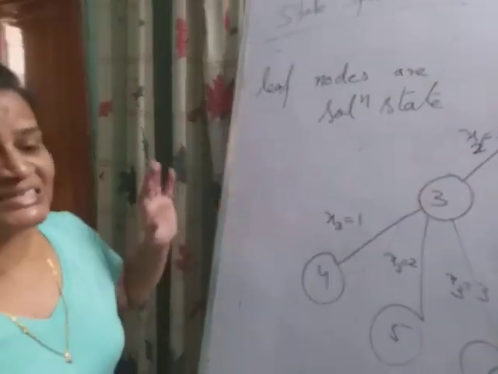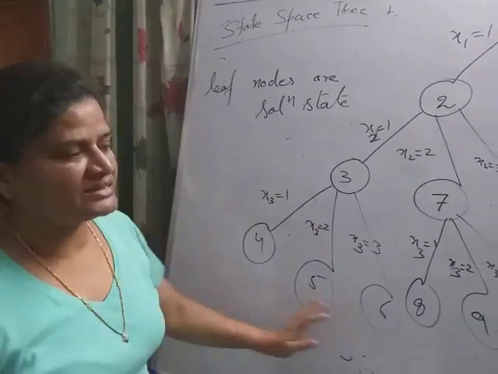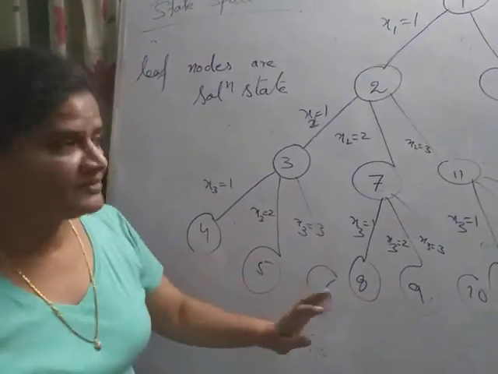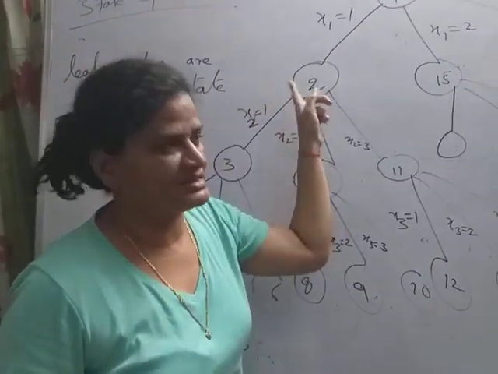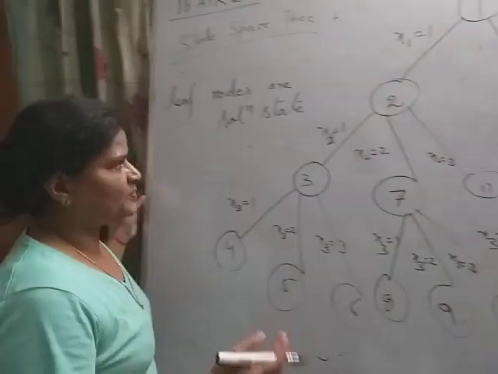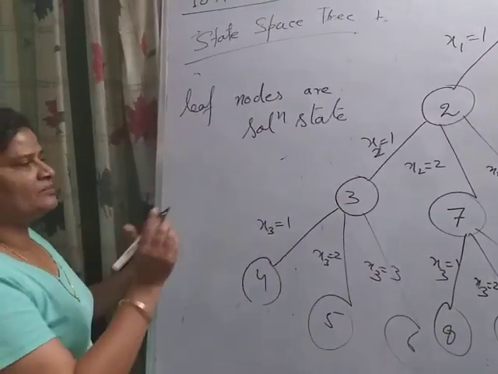Now what is the size of the solution states? Size of the solution state means the number of leaves. Here, for every vertex there are 3 branches. Suppose your graph contains n vertices.